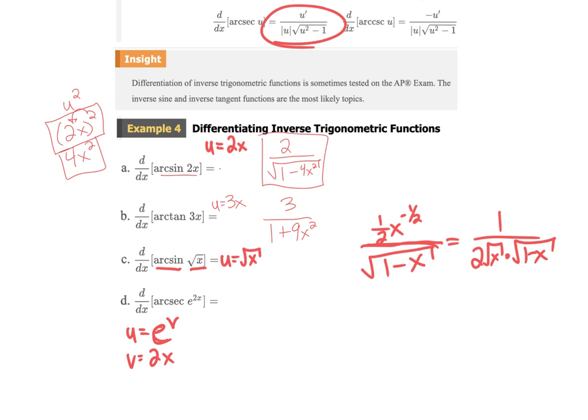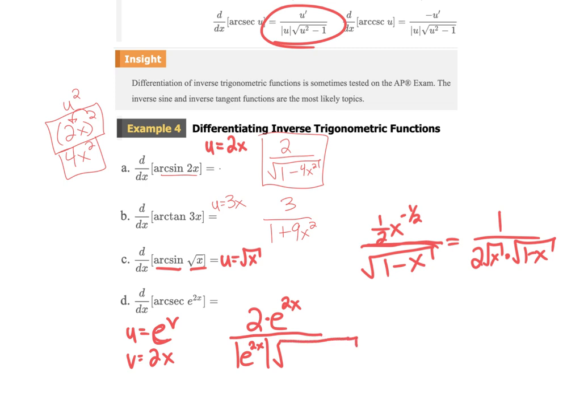So I have u prime, so I have to take the derivative of that inner function, 2 times e to the v, which is 2x, because the derivative of that outer function is just e to the v, over the absolute value of u, that's e to the 2x, although it will always be positive, so I will drop the absolute value in the next simplified form of this.